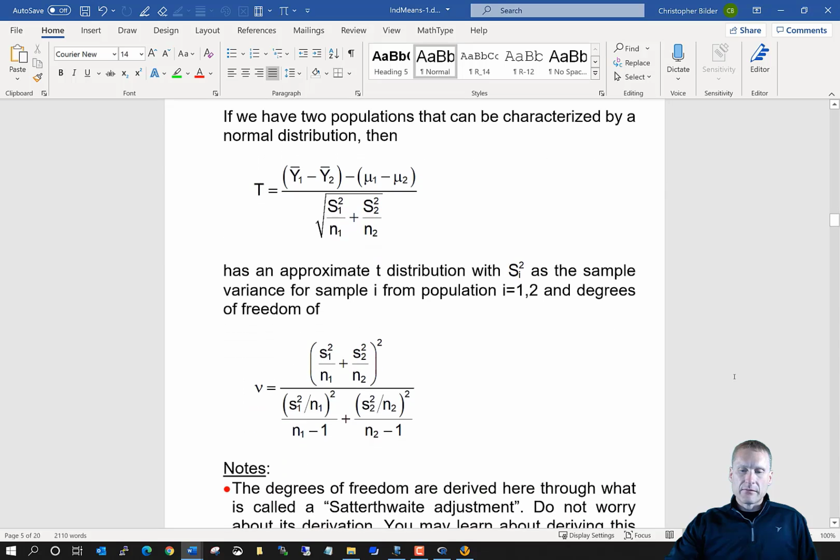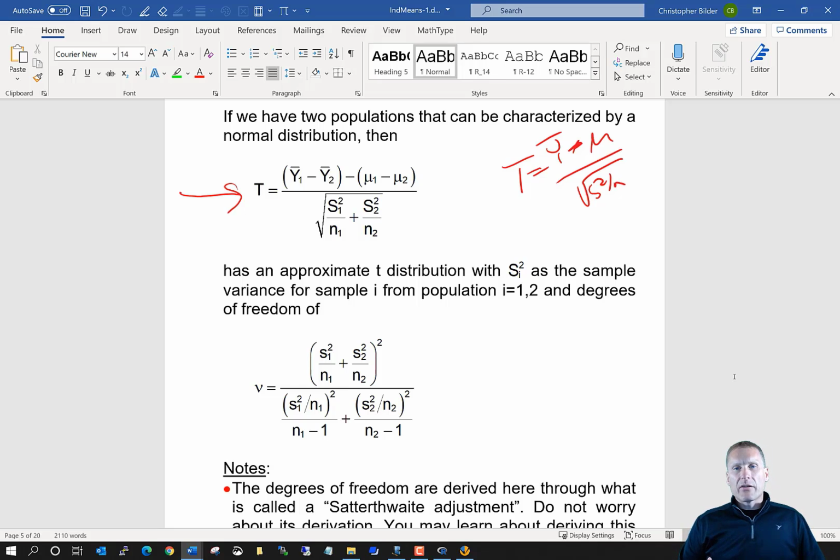So, to start off with, we have this quantity t, as we saw a while ago, with respect to one population mean. And now we just write it out in terms of y bar 1 minus y bar 2, mu 1 minus mu 2, and then take a look at what we have here.